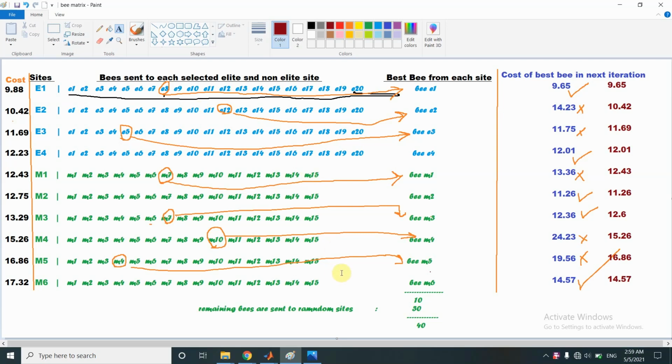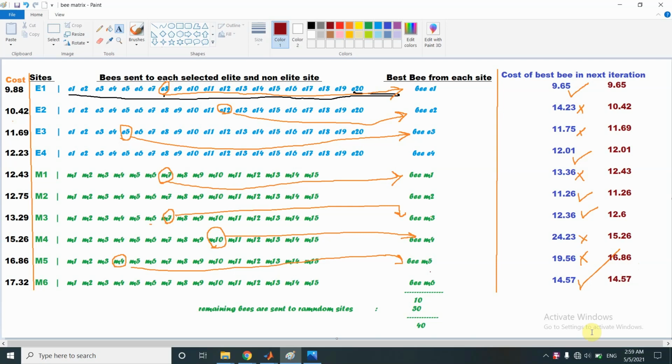And after the final update, we will get these 10 bees from the selected sites, and some 30 bees will be sent to random locations. And after taking into account those 30 bees and 10 bees from the selected sites, we will again find the best 10 bees and among those the best 4 bees and update accordingly.